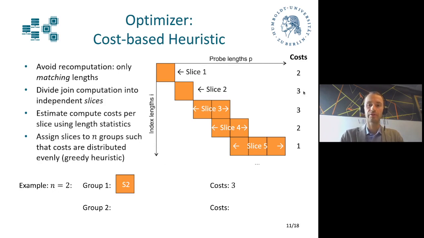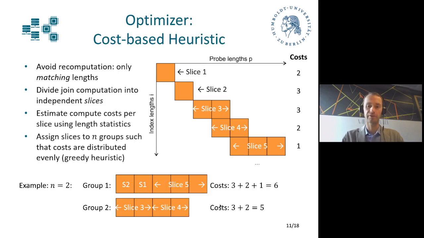Then we sort the slices, for example, by descending order of the costs. The first slice we get then is slice 2, and we assign it to group 1. The next slice would be slice 3 with the cost 3, which we assign to group 2. The next slice would be slice 1, which we assign again to group 1, and so on and so forth. And in the end we get costs of 6 for group 1 and costs of 5 for group 2.